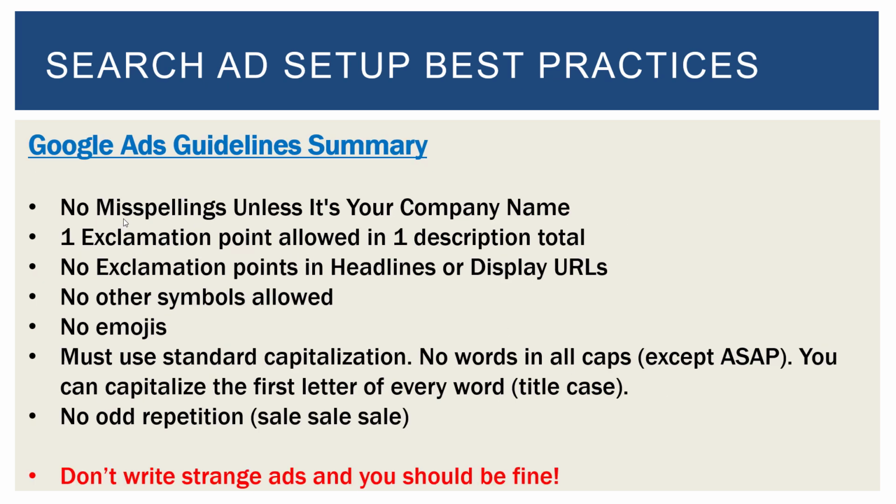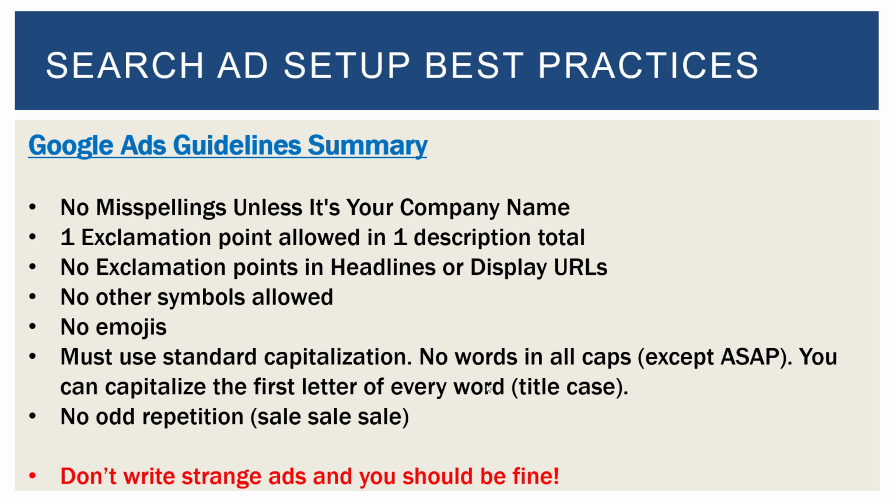And some other ones to remember, no misspellings unless it's your company name, for example. One exclamation point allowed and one description only. You can't have exclamation points in the headlines or display URLs. No other symbols allowed. Just standard text. No emojis.